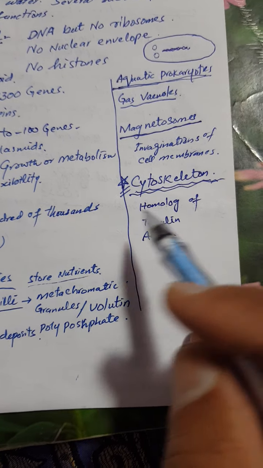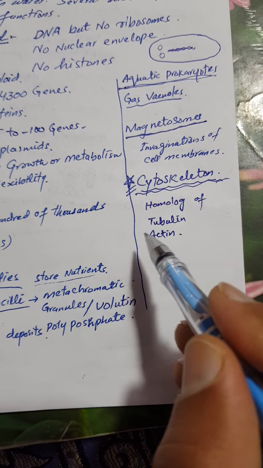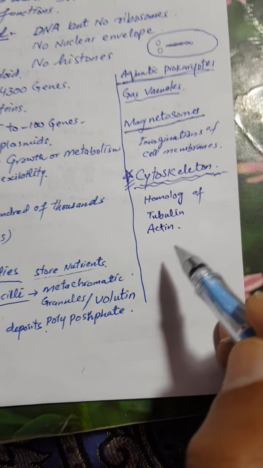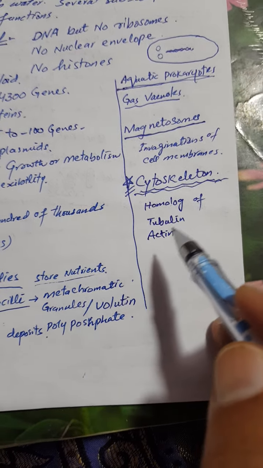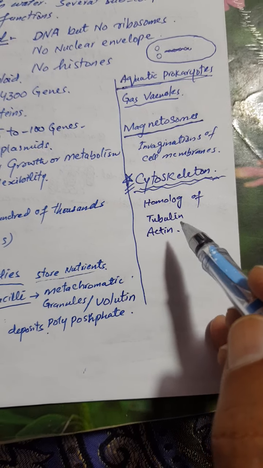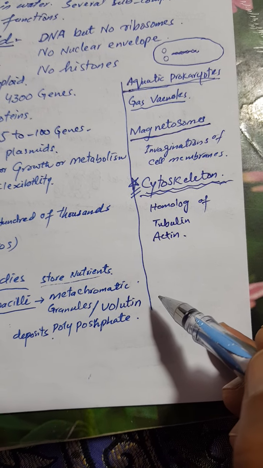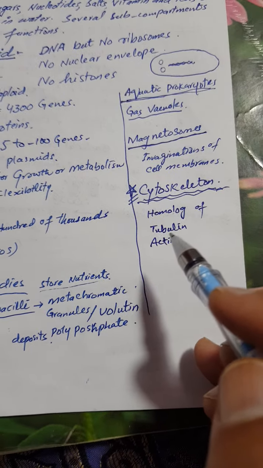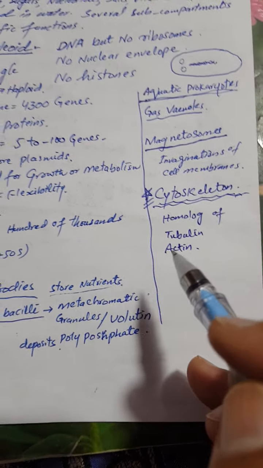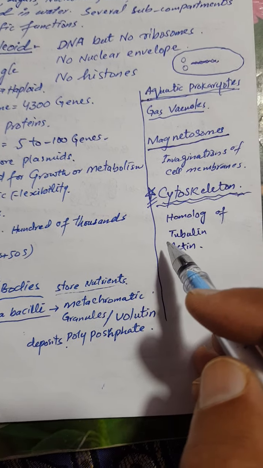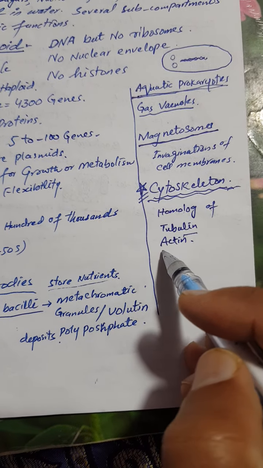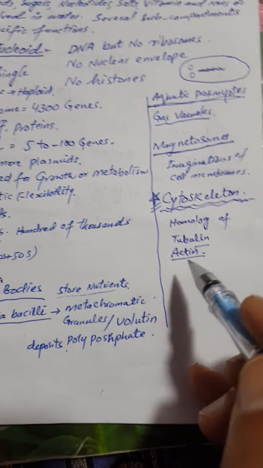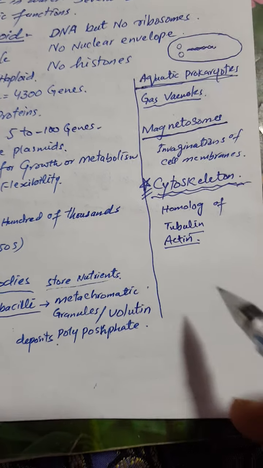Homologue means they have the same attributes as the tubulin and actin protein, and they combine together to form some microtubules. Although they do not form microfilaments, they aggregate especially during cell division, during binary fission, and they help the cell in maintaining its structure and giving support to the cell, as well as helping in binary fission.